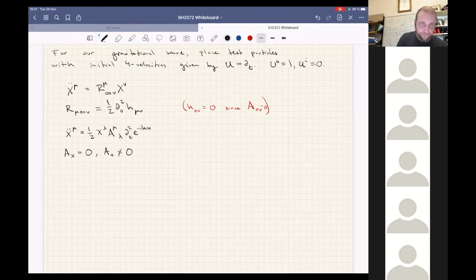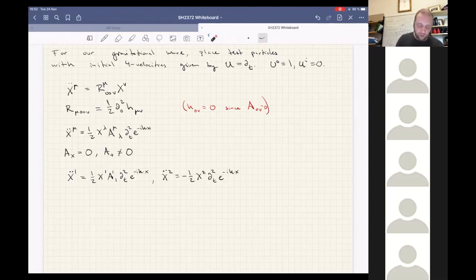If I do that and I write down the equations for x dot 1, that's going to be 1/2 x1 a11 dt squared e to the minus I kx. And if I do the same thing for x dot 2, it's going to be minus 1/2 x2 dt squared e to the minus I kx.